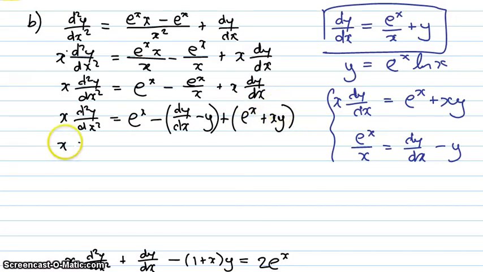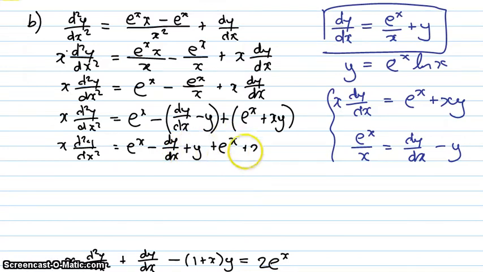So again, simplifying, I'm going to get e to the x minus dy by dx plus y plus e to the x plus xy. Now, you may have asked, why did I do the substitution?